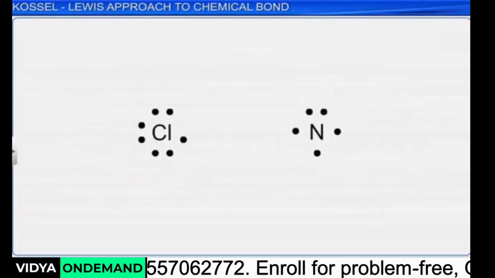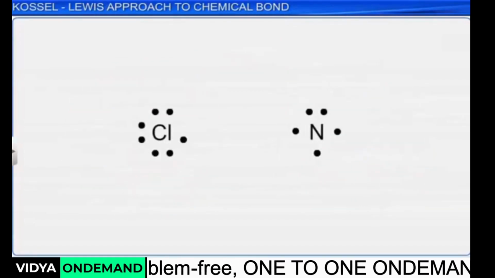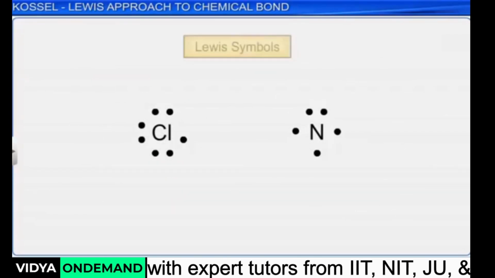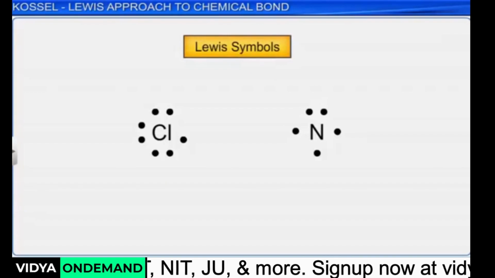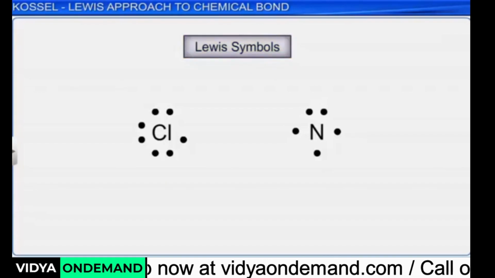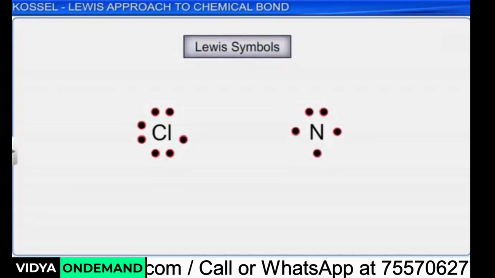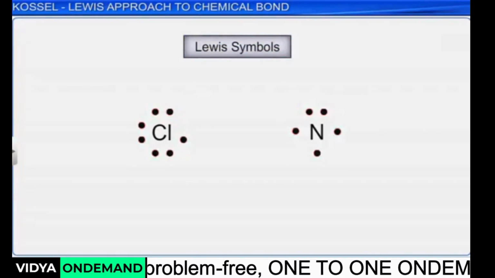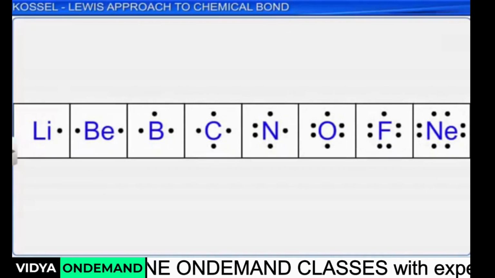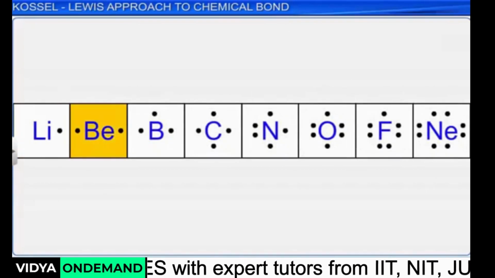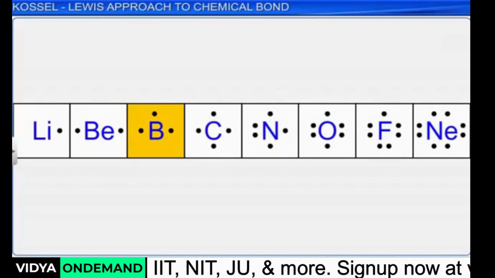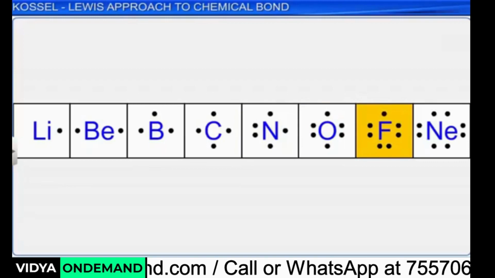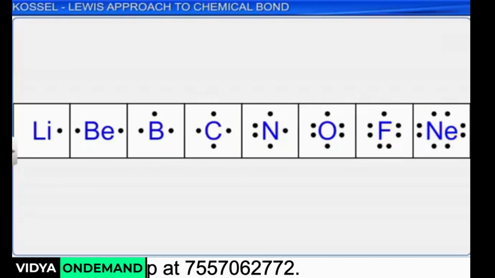Lewis proposed simple notations to represent valence electrons in an atom. These notations are called Lewis symbols. As per Lewis symbols, the number of valence electrons of an element are represented as dots around the symbol. Let's look at the Lewis symbols of the elements lithium, beryllium, boron, carbon, nitrogen, oxygen, fluorine, and neon as shown.